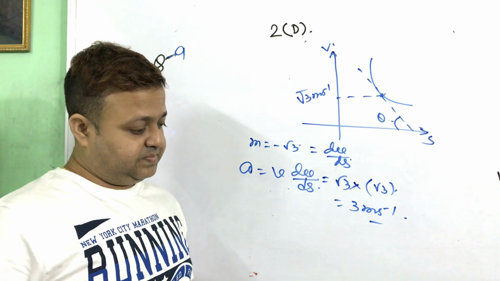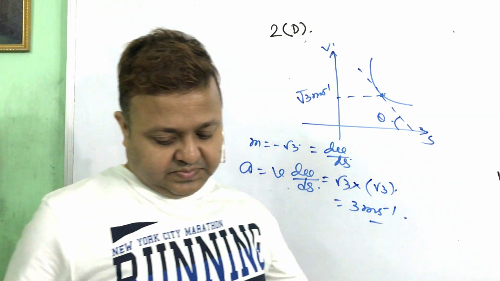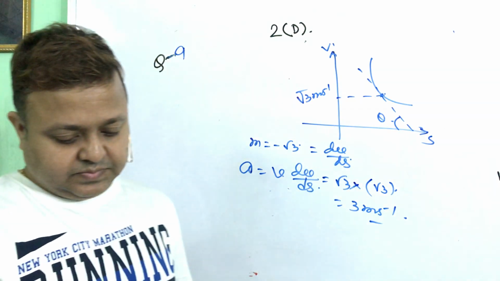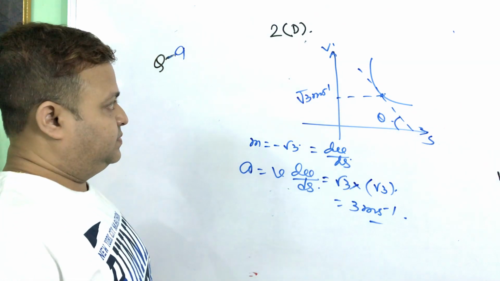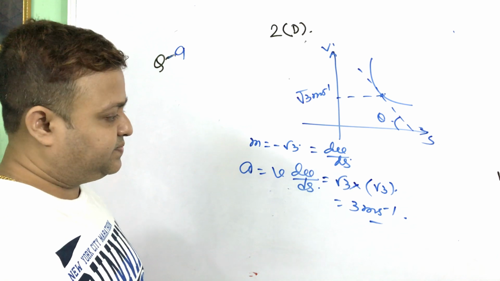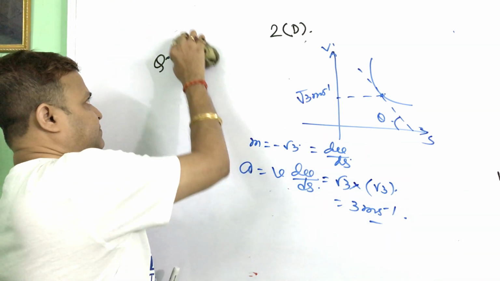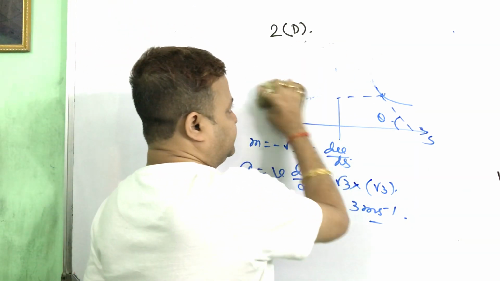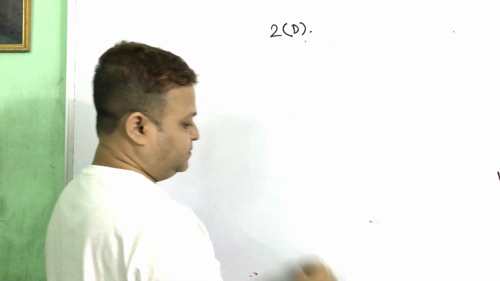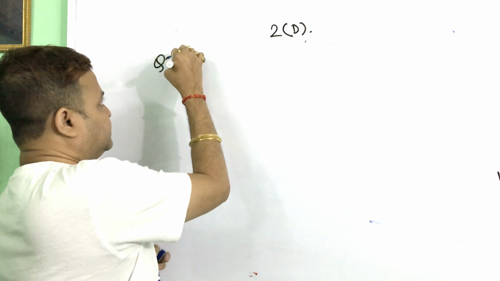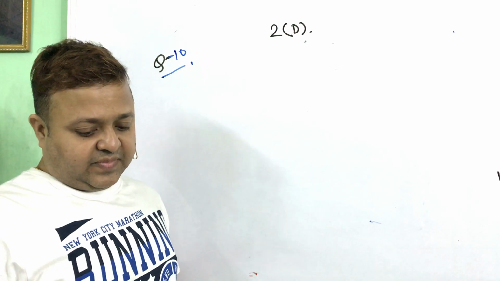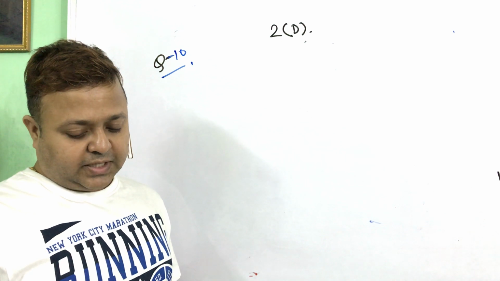And number 10. The position time graph of a particle is shown in the figure.